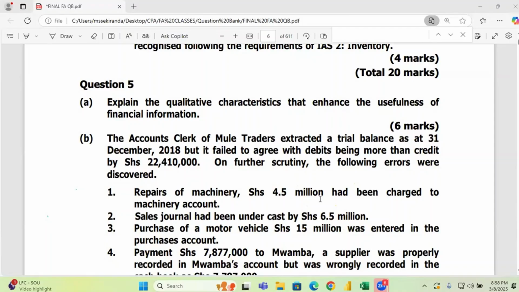Very good. Those are what we call qualitative enhancing characteristics. The other two are called qualitative fundamental.